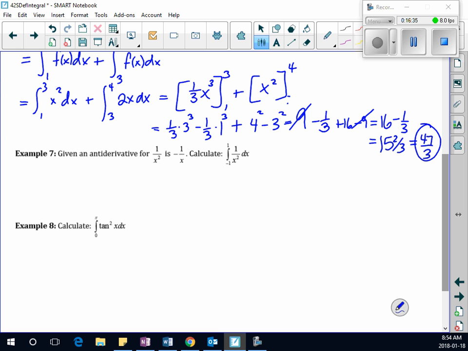So we need to break this down. Actually, let's calculate this on a calculator right now, and you'll see what happens. So get it out.